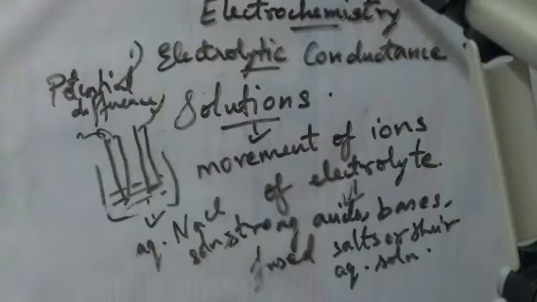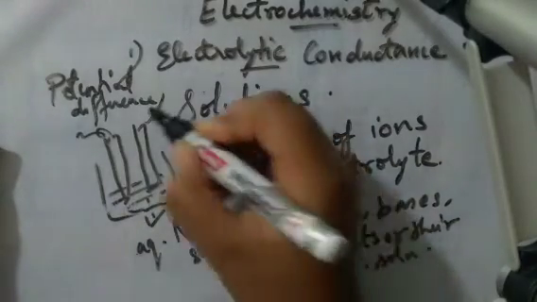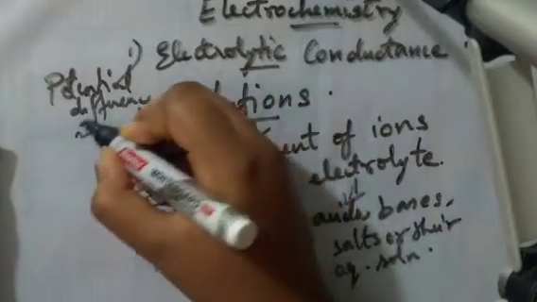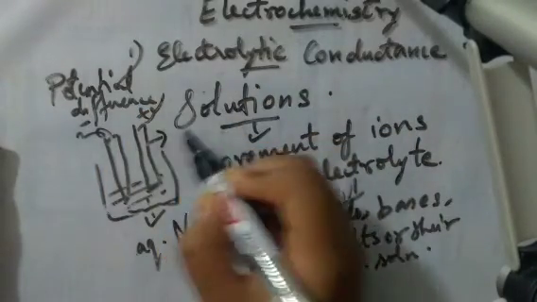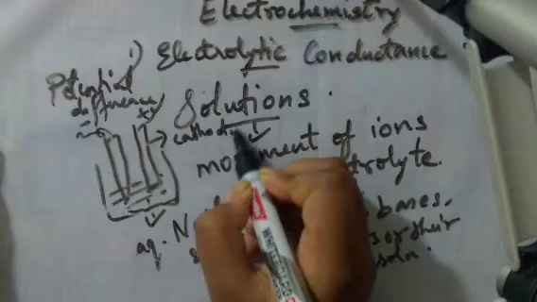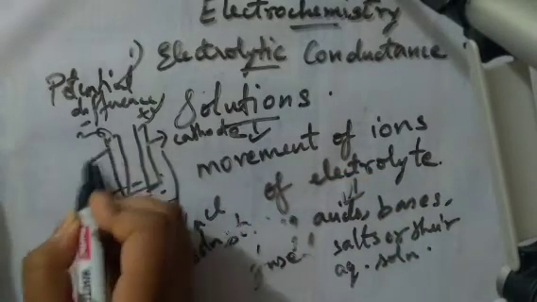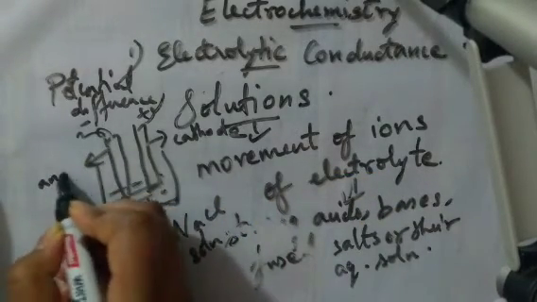This is the positive electrode, this is the negative electrode. The positive electrode is called the anode, and the negative one is called the cathode.